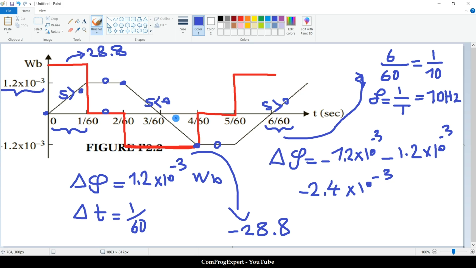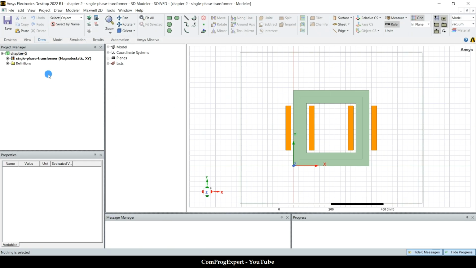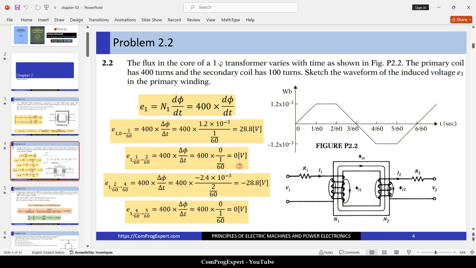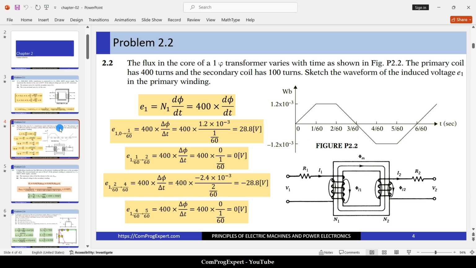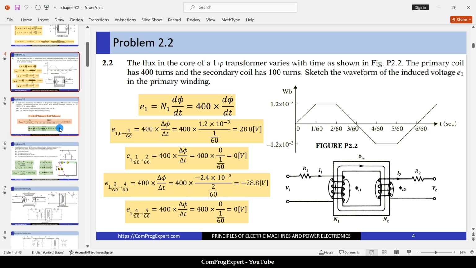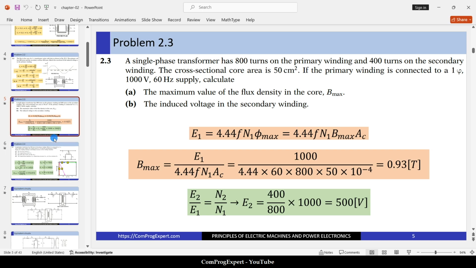The frequency of this waveform is 10 hertz. So you can use the simpler method and also calculate the derivative of this waveform. We did a similar example in the previous chapter, so you can repeat that yourself. Anyway, let's go for the next problem.